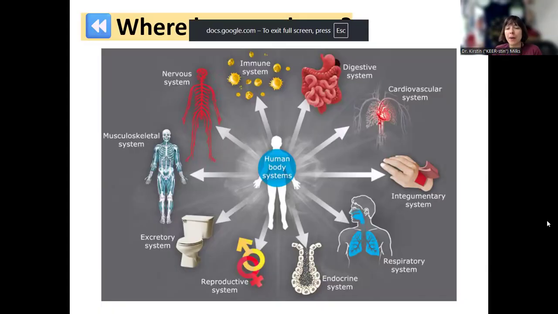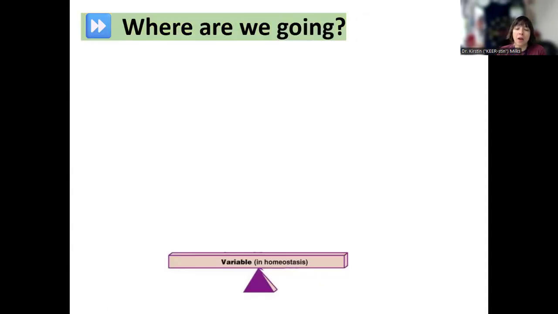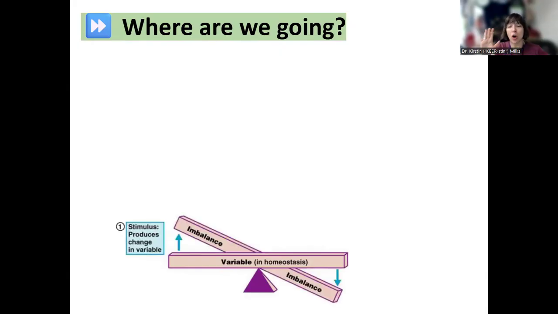So we've been learning a lot about human body systems, right? And thinking about how they interact. One thing we're going to talk about is what happens when something changes in your body. Homeostasis is keeping your body alive in changing conditions. So let's say your body is moving along, and there's an imbalance. Something in the outside world causes this imbalance and produces a change in this variable. That change is detected by a receptor.